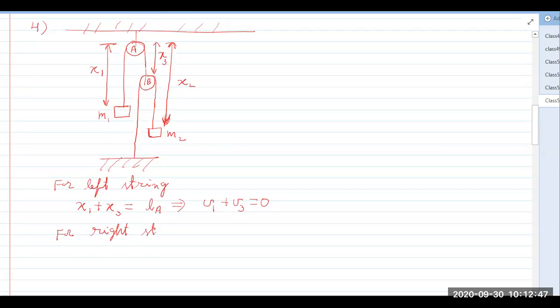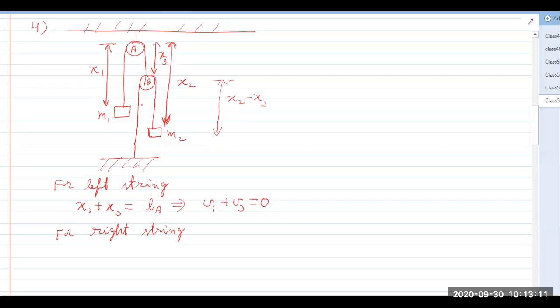For the right string, the lower string, what is the total length? If we see the total length, how much can we write? The total length will be, one is this side, that is x2 minus x3. This length is how much? This side, that is x2 minus x3.